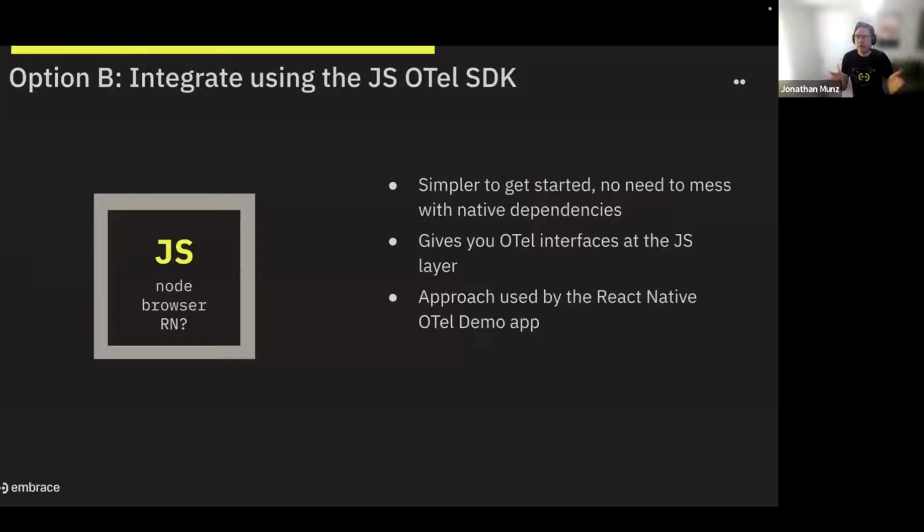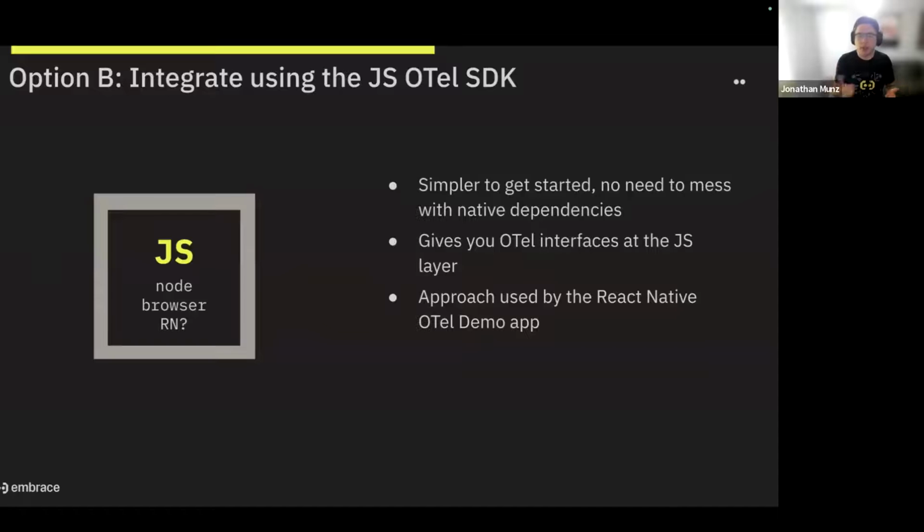Yeah, so given all that, what about going the other direction? Can you just take the OpenTelemetry JS packages, install them from NPM, and then launch your React Native app? It turns out you can do that with some caveats that we'll get into.